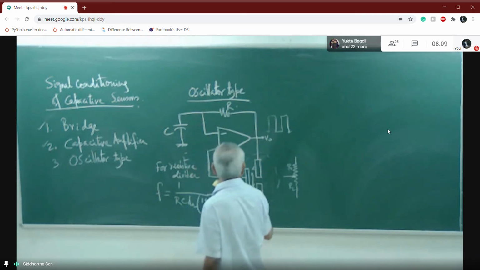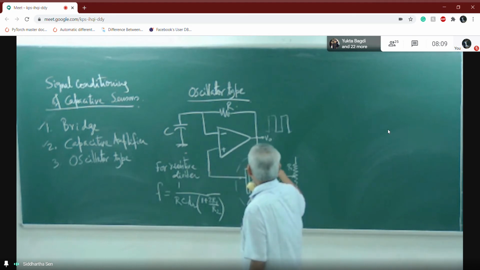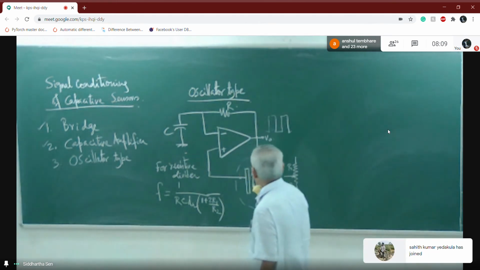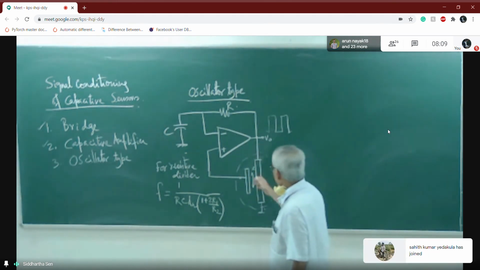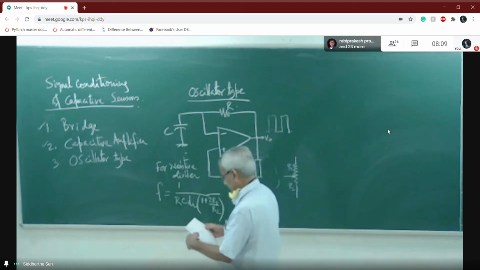Or, if we want a push-pull type configuration, instead of a resistive divider we can have a capacitive divider. That means two fixed plates and one moving plate. If it goes here or there, the voltage picked up at this point varies. So this is basically a potential divider.